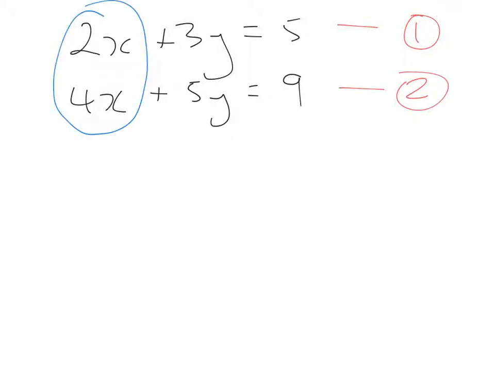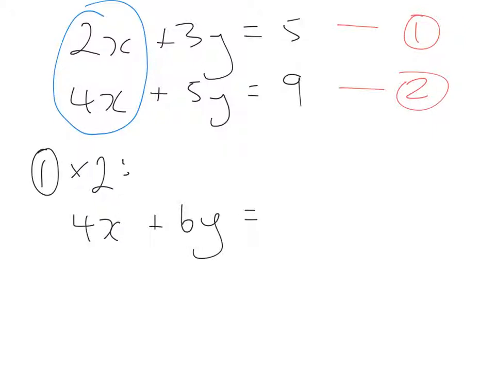If I took equation 1 and I multiplied it by 2, I would get 4x plus 6y equals 10. So now if I look at equation 2 and equation 3, I can see I've got a 4x and a 4x. So now they match.